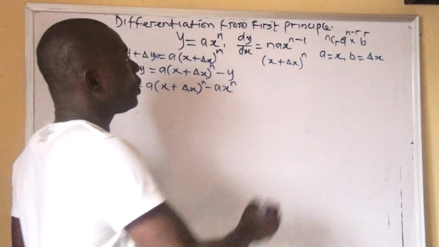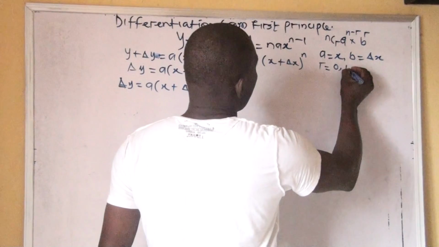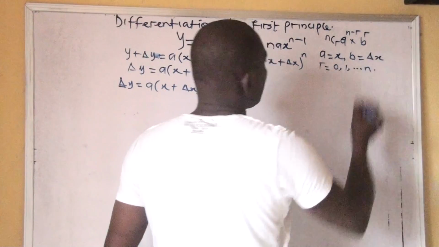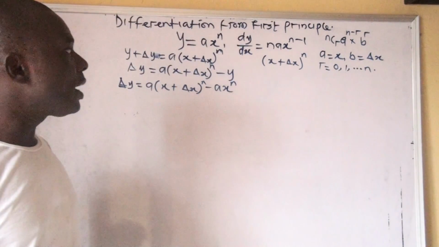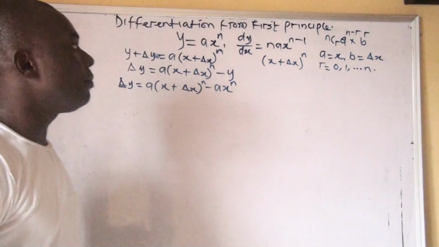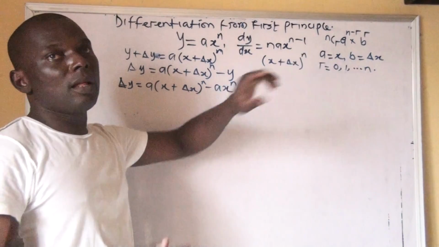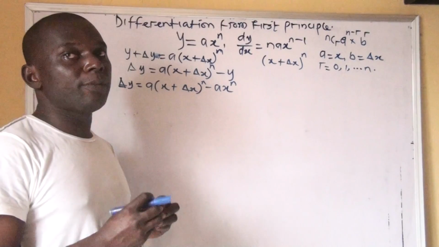We should also know that r moves from 0 till you get to n. So we will use this fact to expand this, because the highest power of our expansion is n. That means we are going to develop some manipulations.